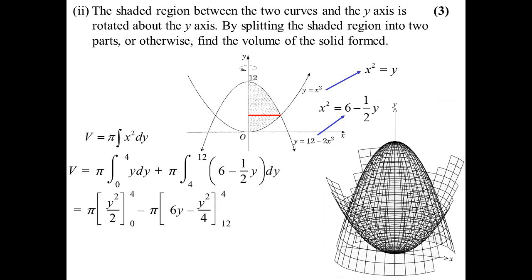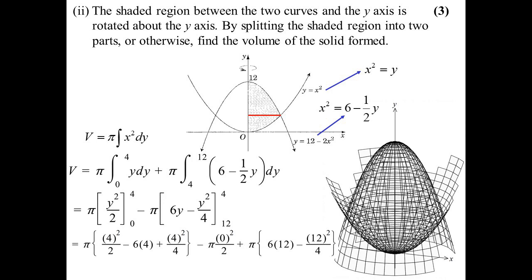Integrate both of those. Notice I changed this positive to a negative, which you might think is an odd thing to do. But the reason I've done it is now I've got 4 on the top of both. So when I substitute in, I know I'm just substituting 4 into all of this. And so I go 4 squared on 2, then minus 6 times 4, minus will be a plus.